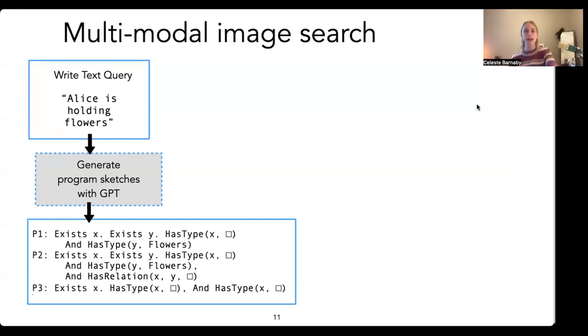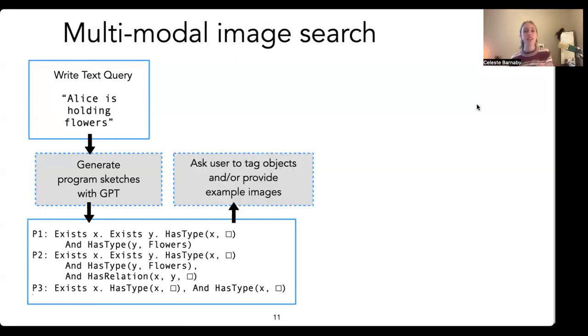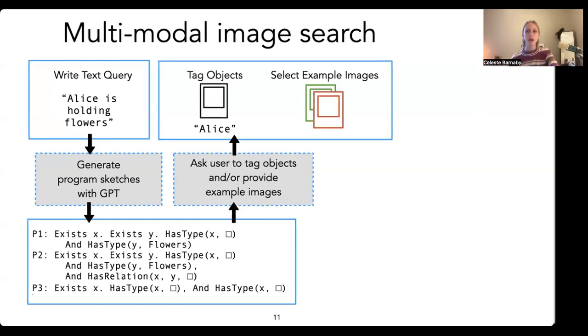The user is then asked to provide tags for the unknown terms. For instance, if they used a name in their text query, they're asked to tag the face in an image that corresponds to that name. They're also asked to select a few positive and negative example images.